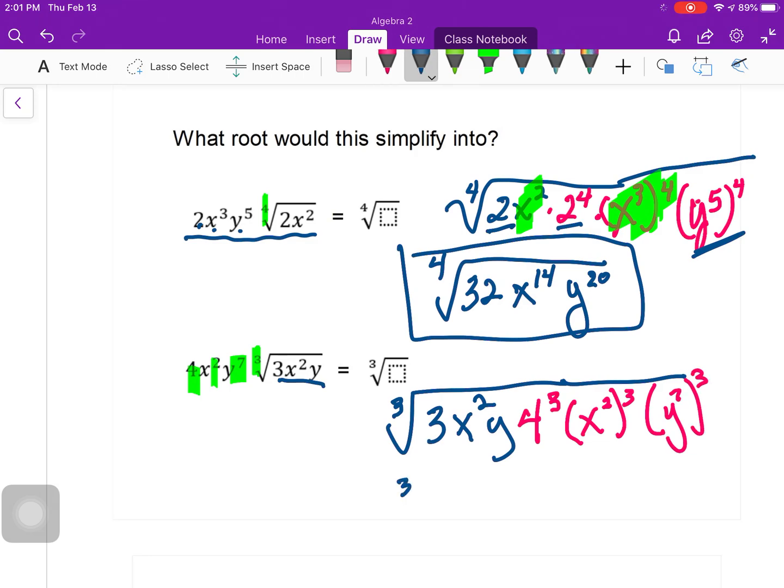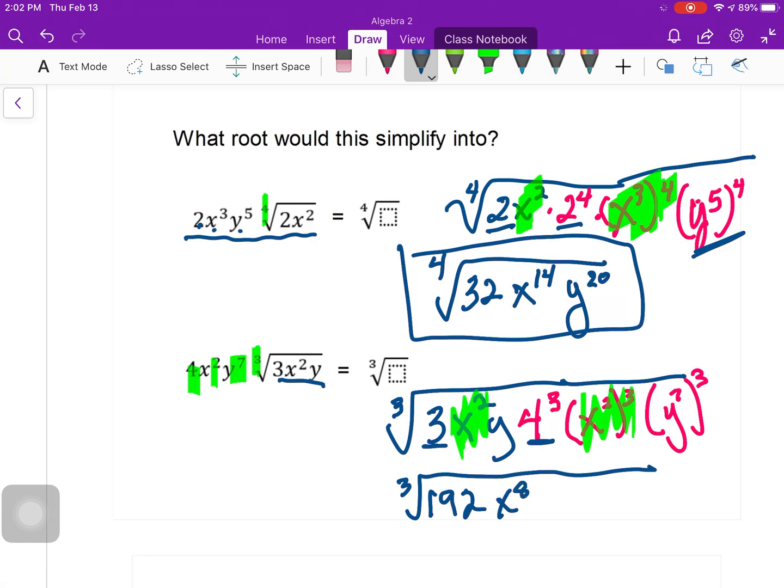So now I do like terms. 3 times 64 is 192. x squared times x to the 6th. That's x to the 8th. And then y to the 21st.